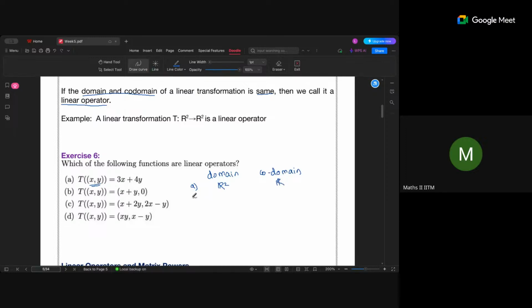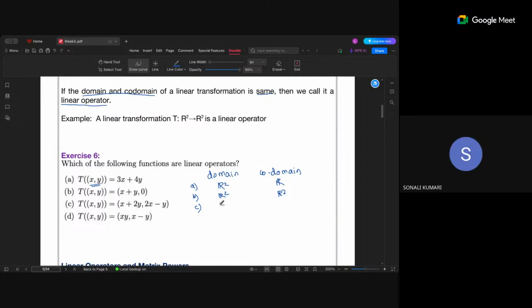Now can you quickly tell me the answer for the others? What is the domain of option B? Again R2, and codomain is also R2. Yes, very good, because two coordinates are there. What about option C?